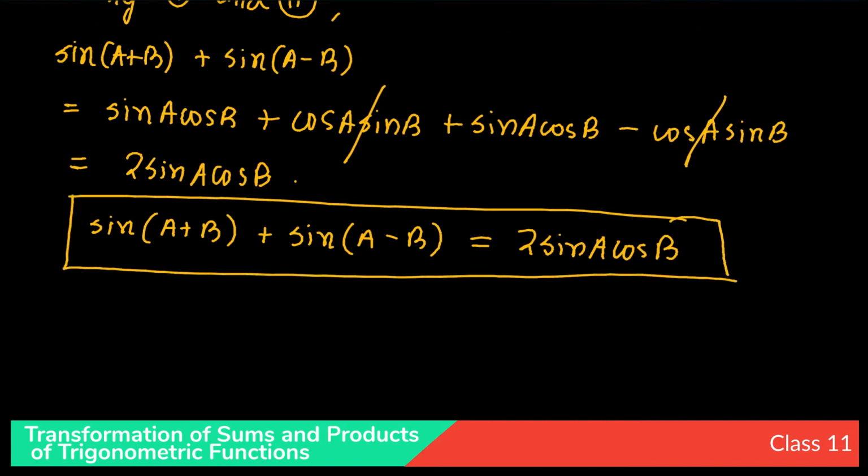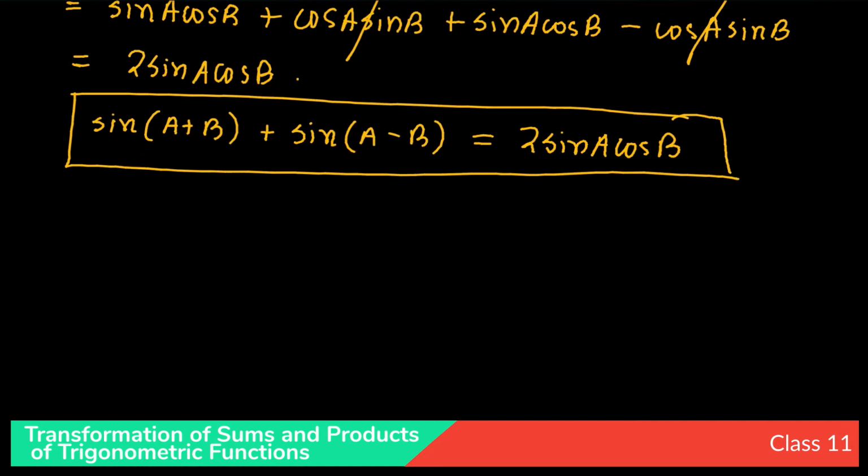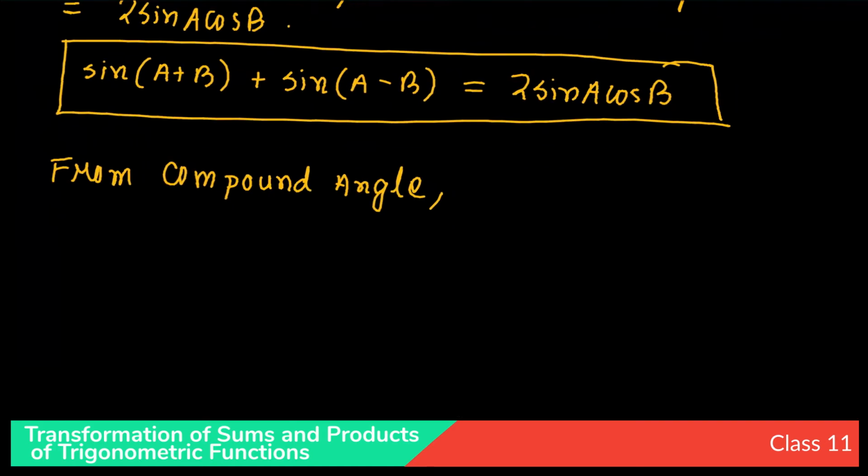Now the second one. For the second one we need the cos formula of compound angle. From compound angle, we know cos of a plus b is cos a cos b minus sin a sin b.